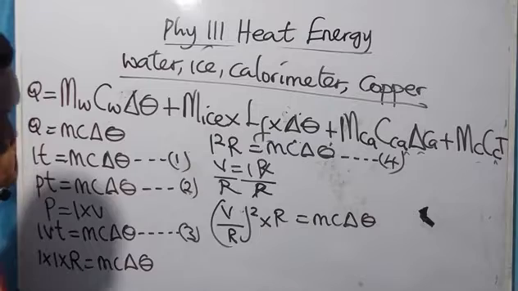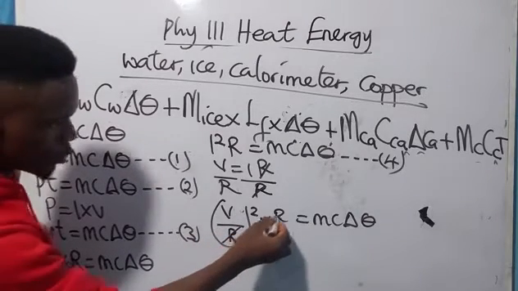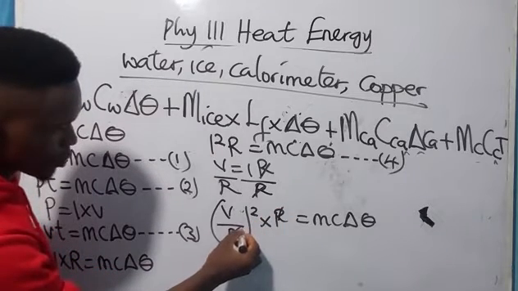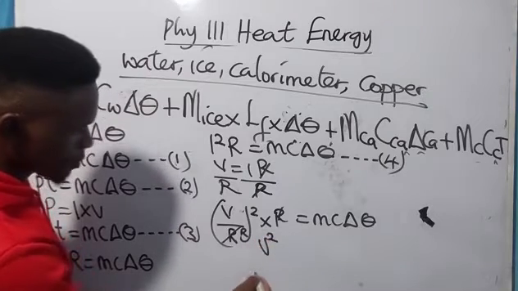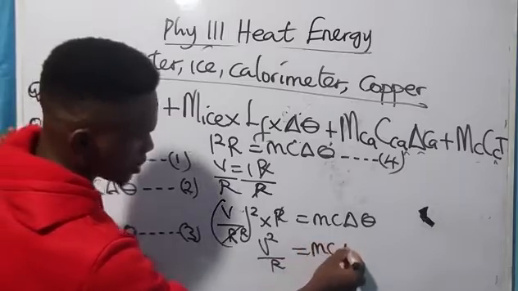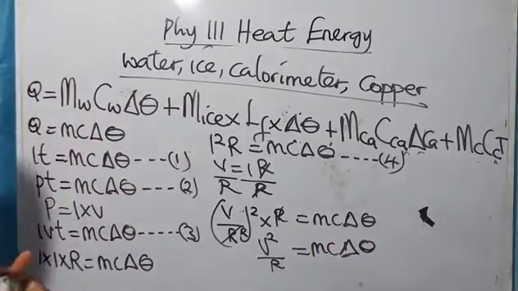All right, so you have V squared, R squared. So this R will go into this R, but you'll be left with one R here. So this becomes V squared over R equals MC change in temperature.